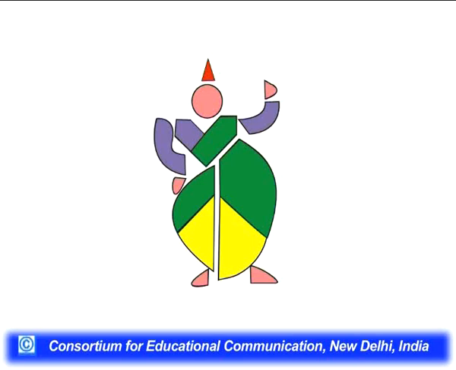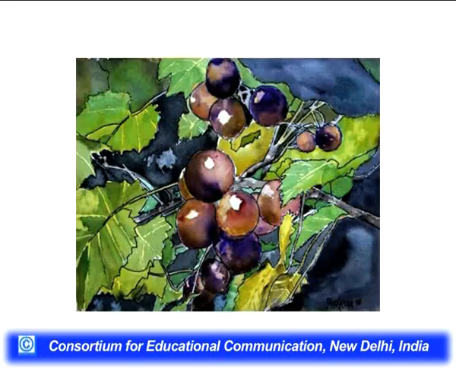But in the case of this image, it is a hand painted image where you can see the leaves and fruits formed by different levels of colors, and these are called continuous tone. Why is it so called?